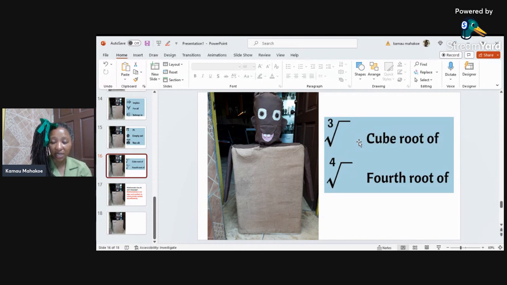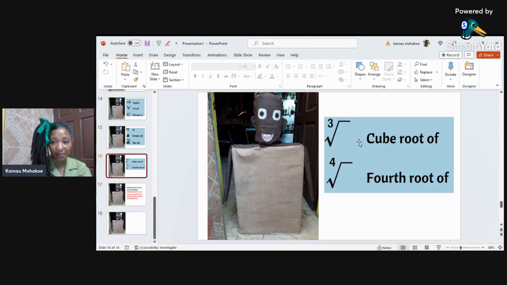3 times 3 times 3 gives 27. So 3 cubed, 3 with a little 3 at the top. Then the little 3 at the top to the upper right hand side tells you how many times you're multiplying the number by itself. And of course, we're going to do each of these in more detail as we go along.